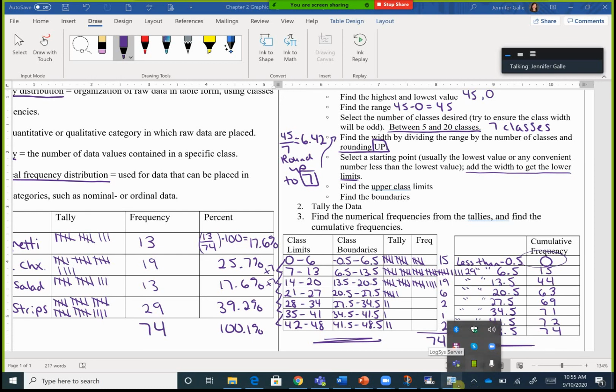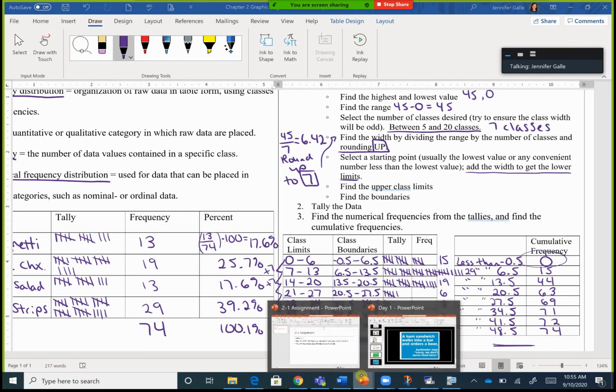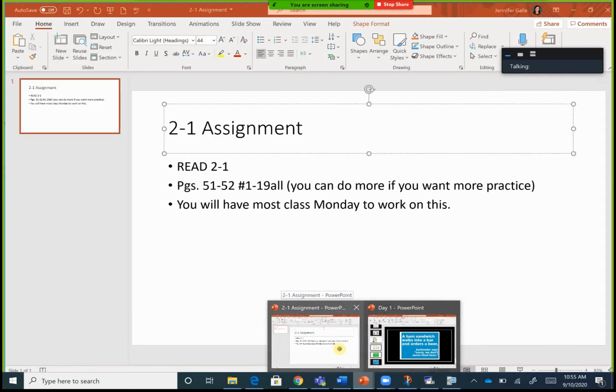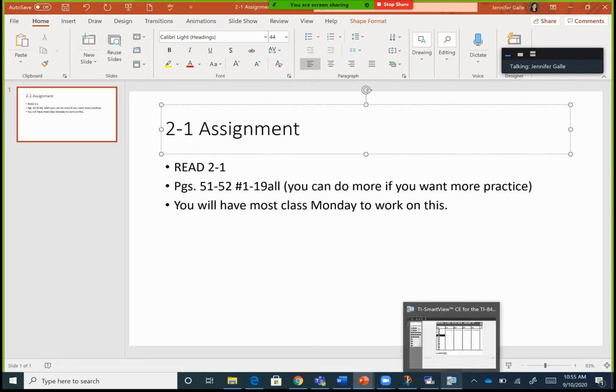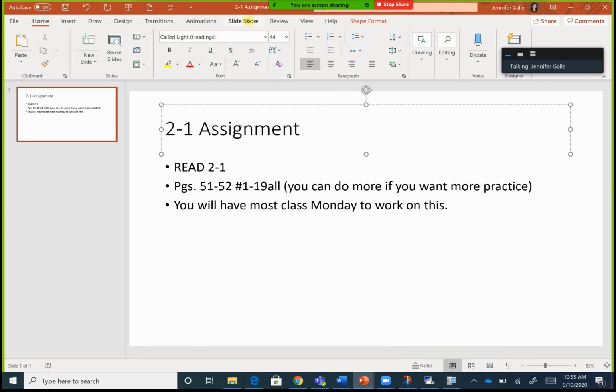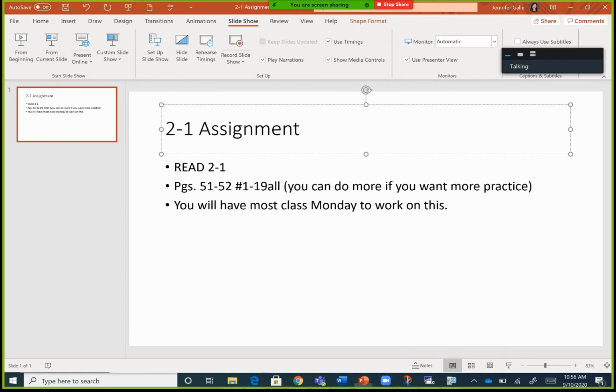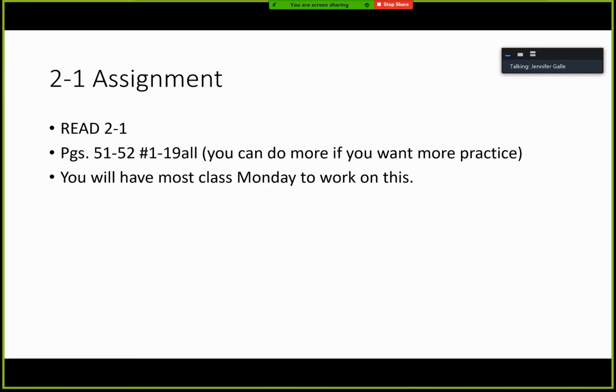I will go ahead and put up the assignment piece. I covered the gist of 2-1. Make sure you read it, but also know that you will have most of class Monday to work on this.